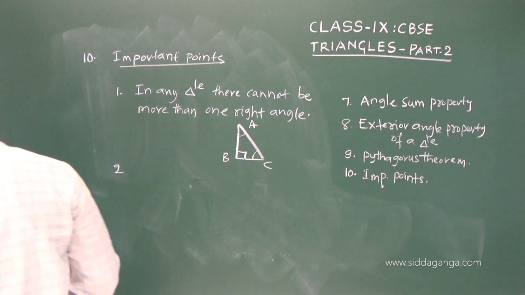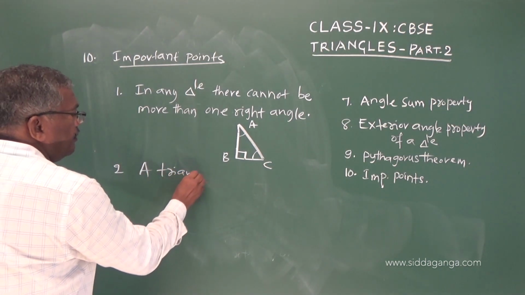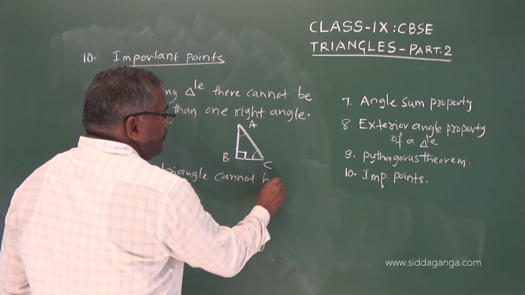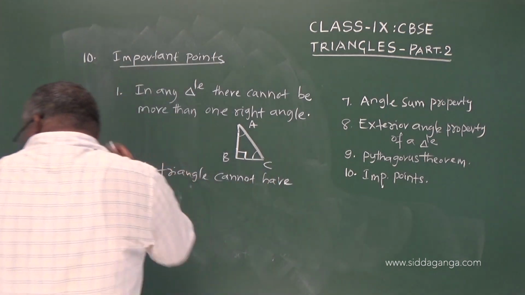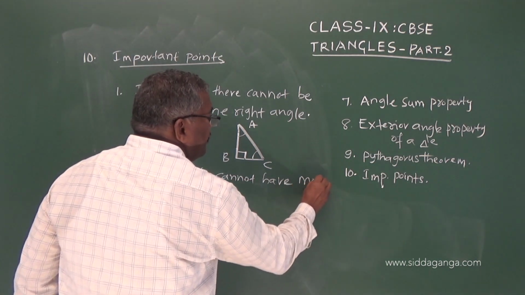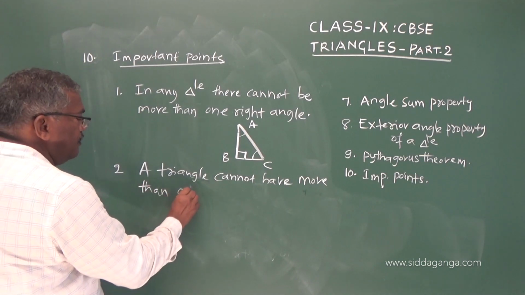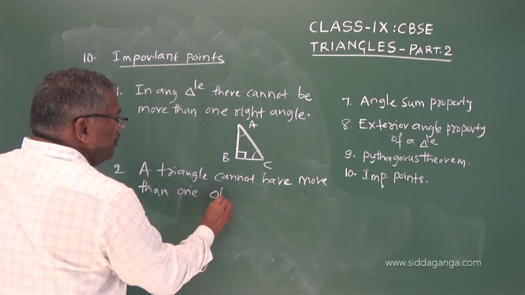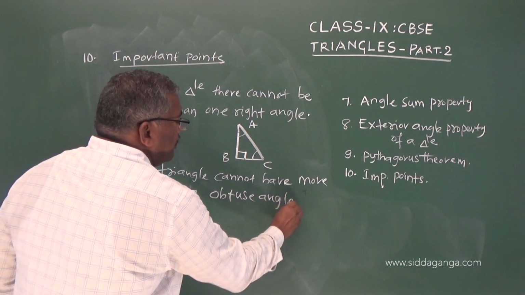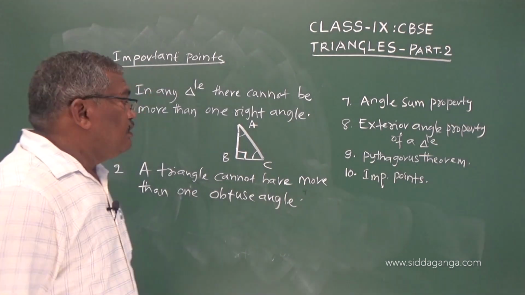So, a triangle cannot have more than one obtuse angle. These things you have to draw as sketches and understand.